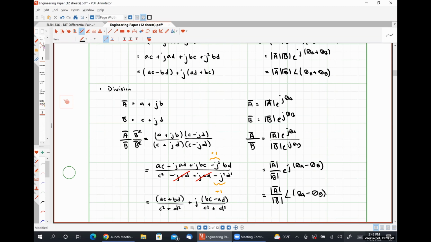I do want to point out that your calculator does not care whether you use all rectangular complex numbers, all polar form complex numbers, or some combination of both. It is capable of performing the math correctly, regardless of what you input. Your answer will come out in the form that your calculator is set to.